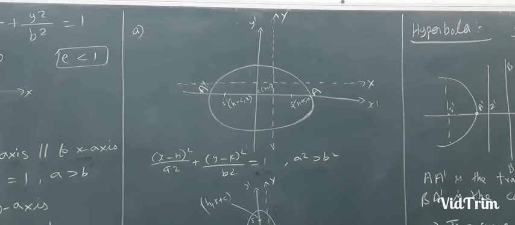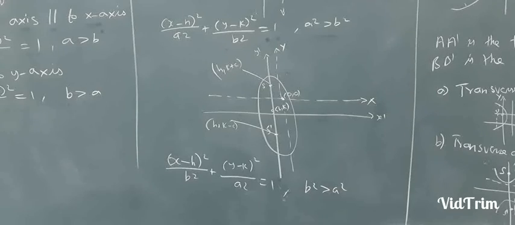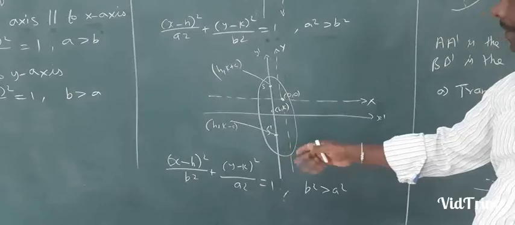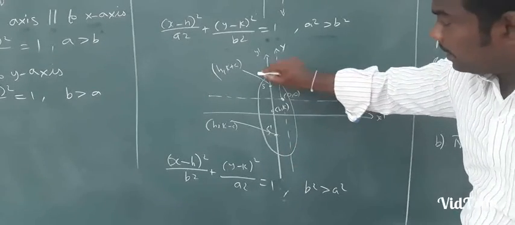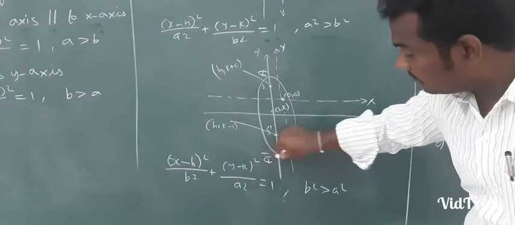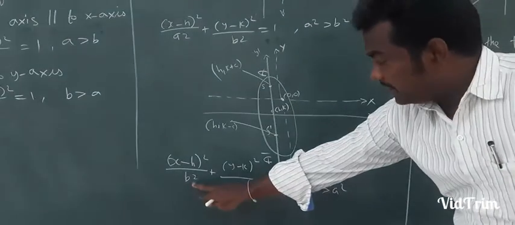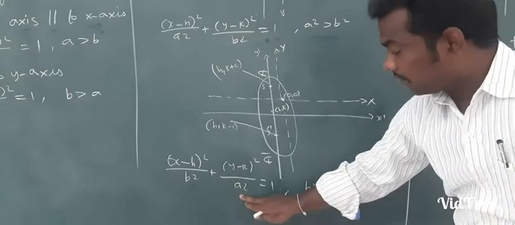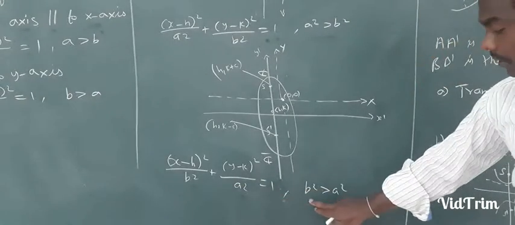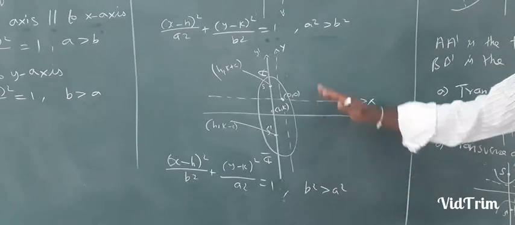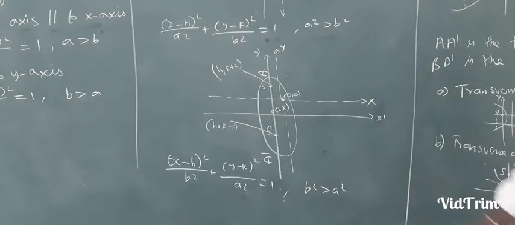Suppose the major axis is parallel to the y axis: then the graph looks vertical, with A and A dash at top and bottom. Now b squared goes to the first denominator and a squared to the second. Here b squared is greater than a squared. That is the vertical shape, and before that we saw the horizontal shape. Only two types of ellipse we are going to learn.